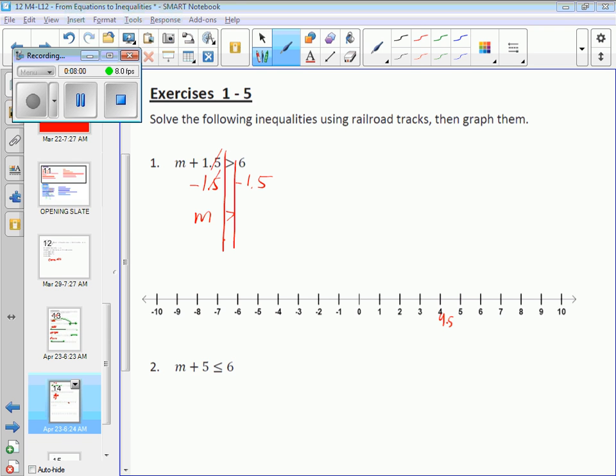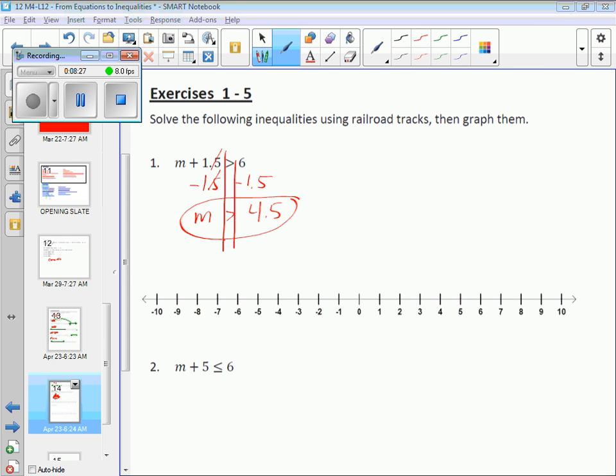Now, can you do 6 minus 1.5 in your head? If not, you have to do it off to the side. But if you are able to do it in your head, I will allow that. It's 4.5. I'm going to circle it just so I remember what I'm graphing.